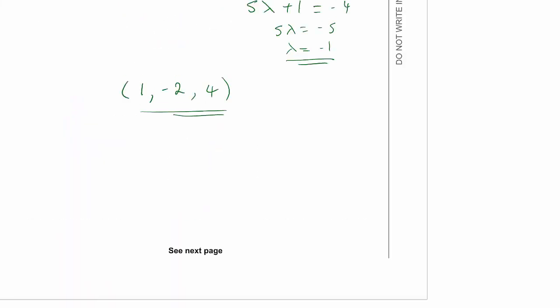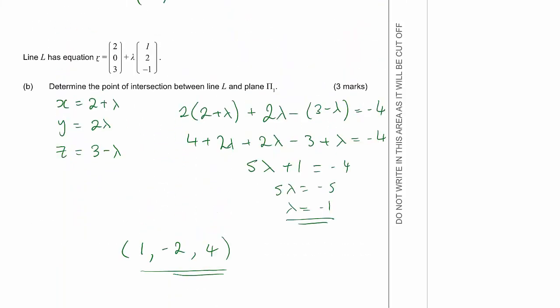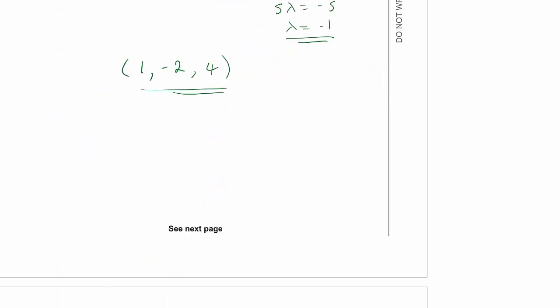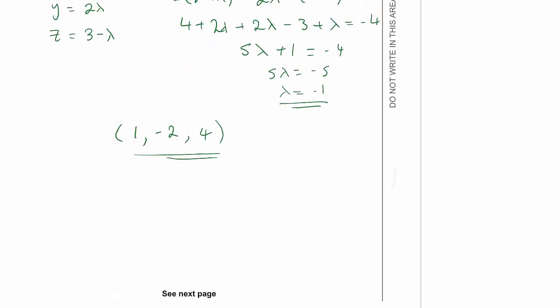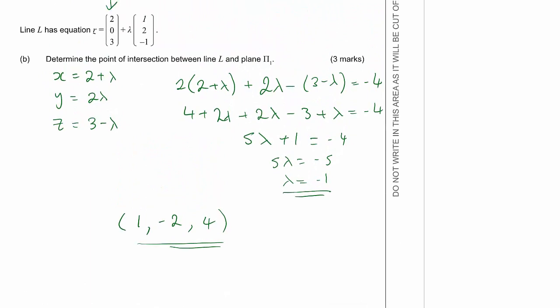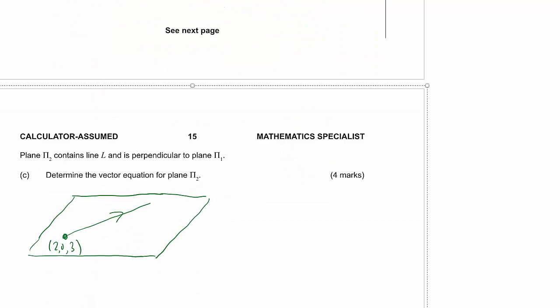That gives us a point because that means 2, 0, 3 is on the plane. And it also gives us a direction because the direction must be parallel to the plane. So that's 1, 2, -1.